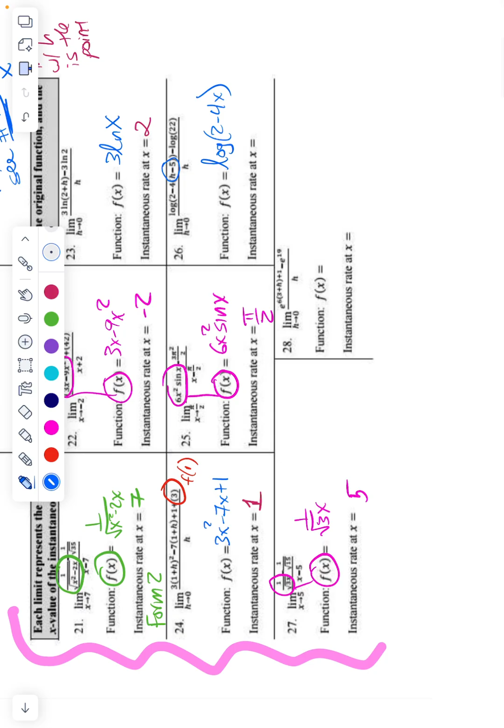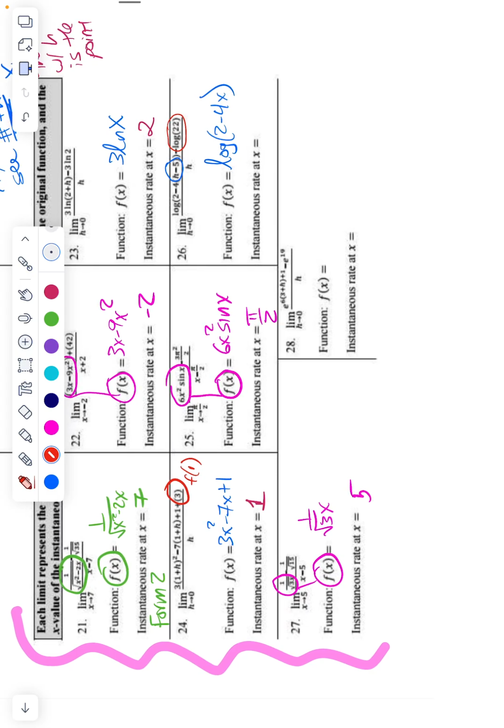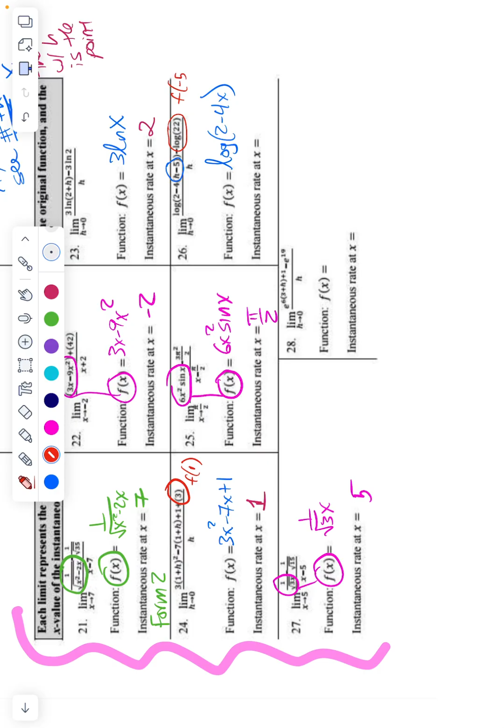It takes the place of x, I mean. And so inside of this whole thing, it's 2 minus 4x. What is the minus log of 22? What is that? Oh, I see what you're saying. It's f of negative 5.